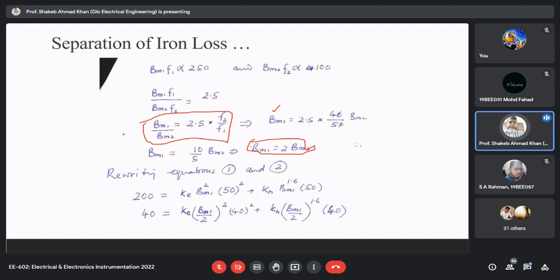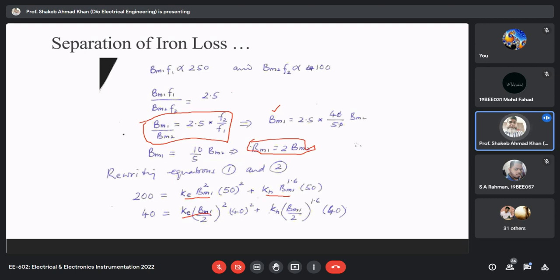Now you see these equations are converted, and we are having all in terms of Bm1. So now we are having only two unknowns if we are clubbing these two together.